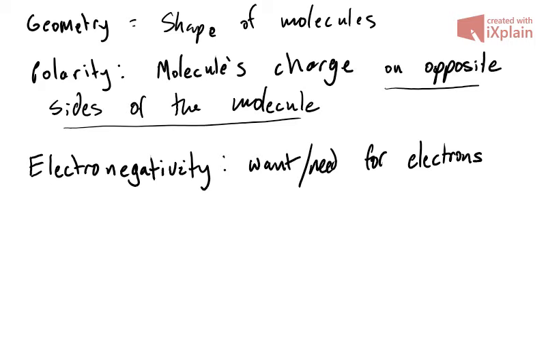How do molecules complete their octet? By bonds. The octet rule is met through bonding.